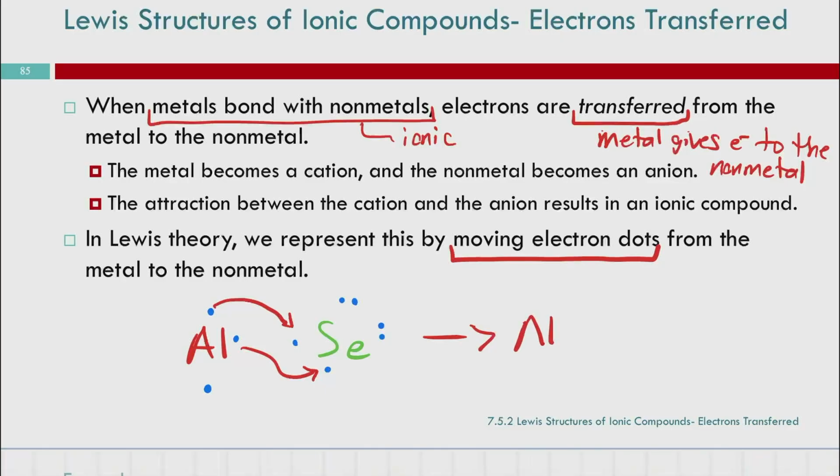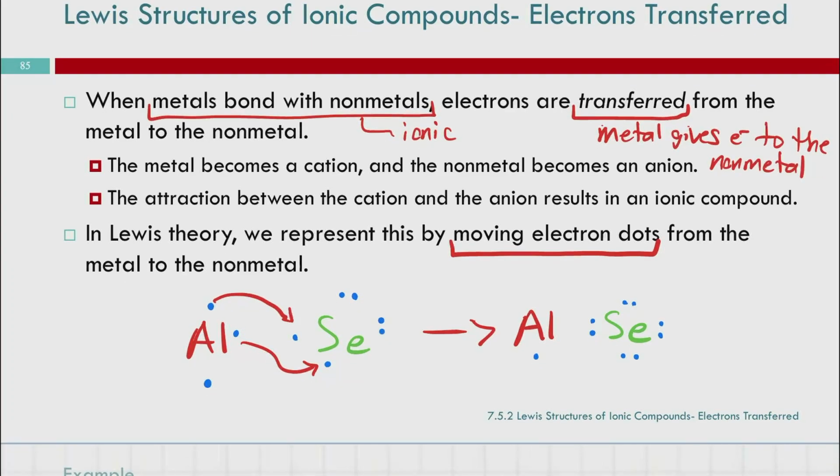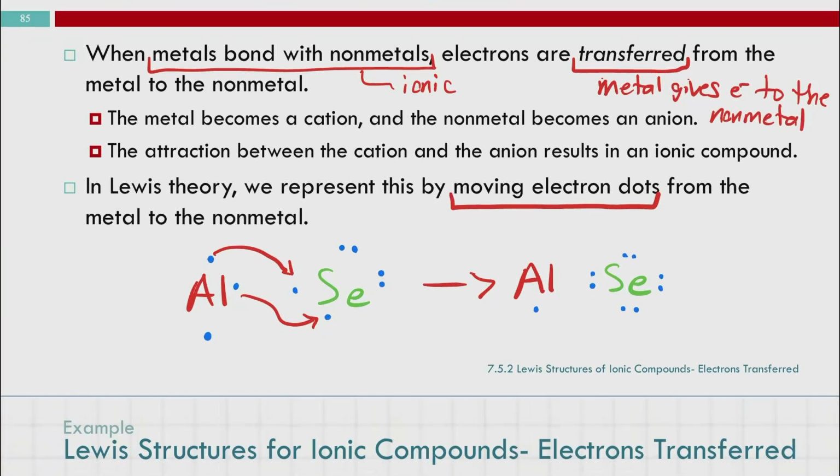After those get transferred over, we'll have 1 leftover valence electron on our aluminum, and our selenium will have a full octet. Just an example of what moving those electrons might look like. There's some other notation that we'll add to that.